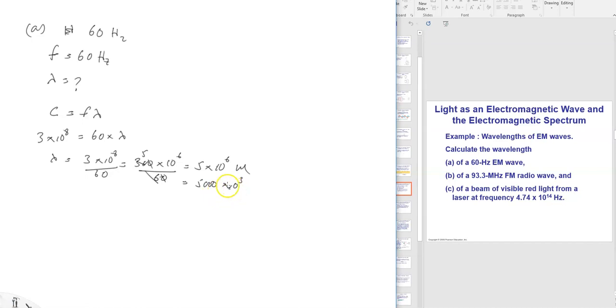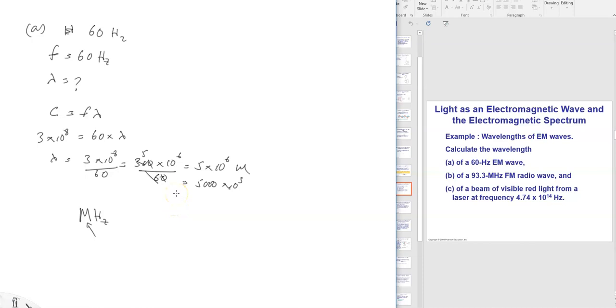It's a pretty long wavelength. Like one wavelength can go from one end of the earth to the other end, that long. So you guys work on the other 2 examples. Second one says MHz, megahertz, and the other one is visible light.